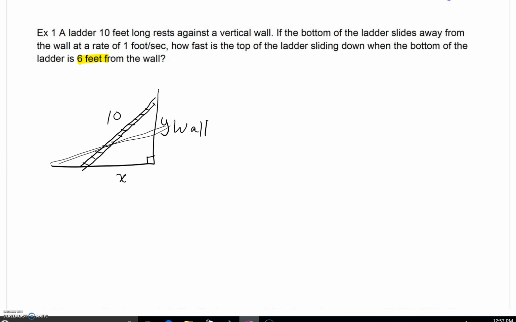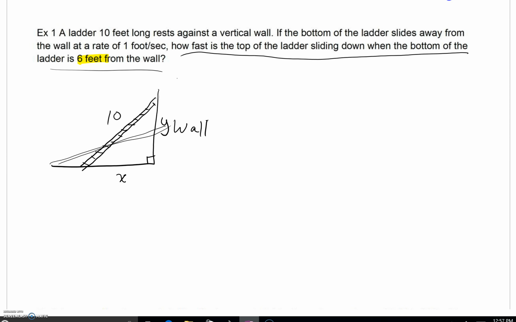It truly is. But look, we've got this setup, and they're saying, how fast is the top of the ladder sliding down when the bottom of the ladder is 6 feet from the wall? So this is the question that we'd like to answer, of course. How fast is the top of the ladder sliding down? That's a rate. We're supposed to find a rate.